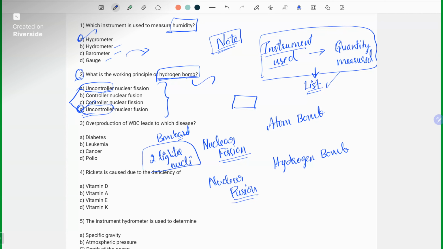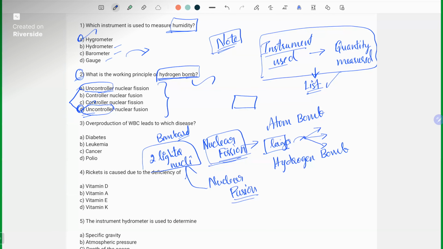It will release a lot of energy. Okay, that process is called fusion. And fission is when a larger atom, or ultimately the nucleus, which is very unstable, which has lots of internal energy, which is disturbing its balance.